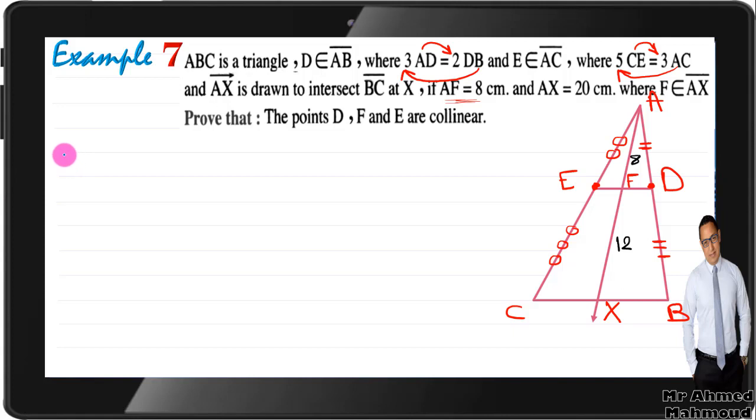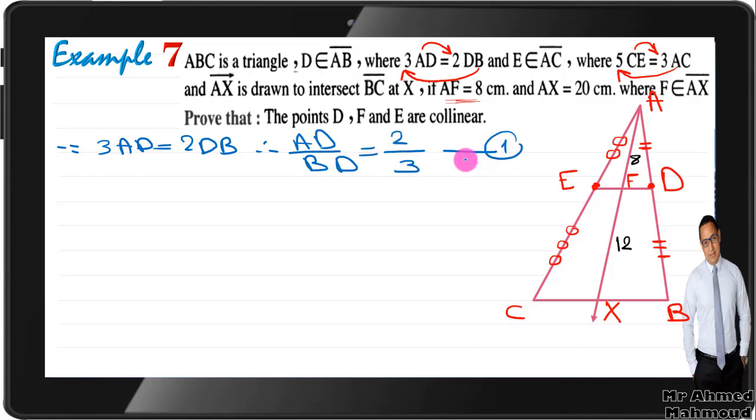Okay, now since 3AD equals 2BD, therefore AD over BD equals 2 over 3. This is number 1.